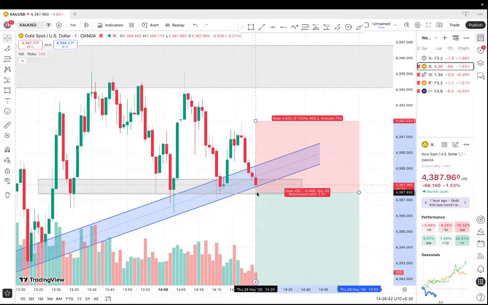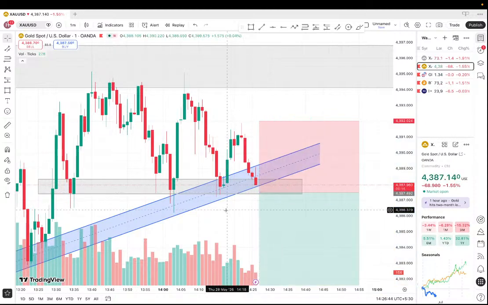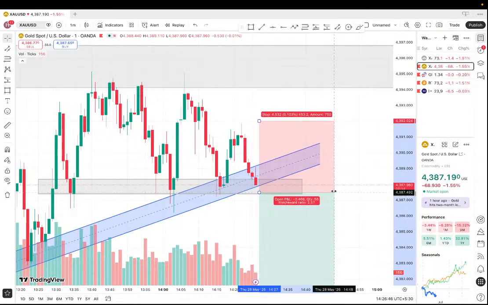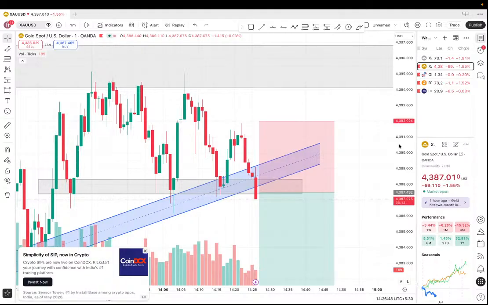So this is coming near our entry, and surely we are going to enter. So we are in, guys. We are in this trade. Set your risk management properly. I have entered with pretty decent positions.